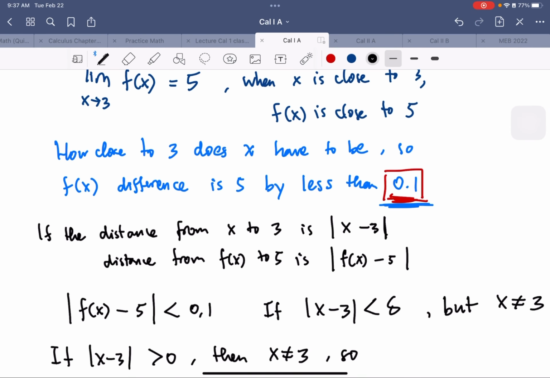So the problem statement is actually this blue part here. We want to know how close x has to be to 3 so that the distance from the function to the number 5 is 0.1. 0.1 is the problem statement. It can be any number.